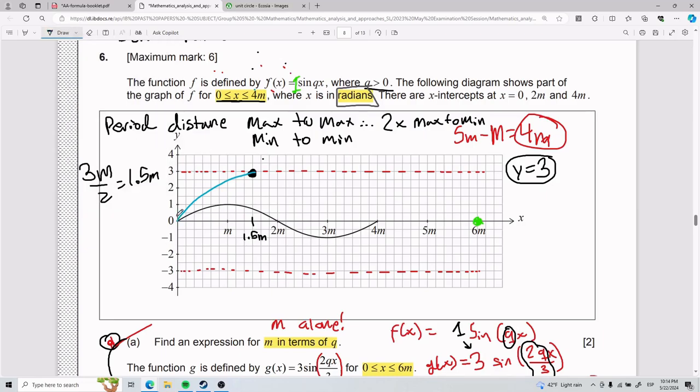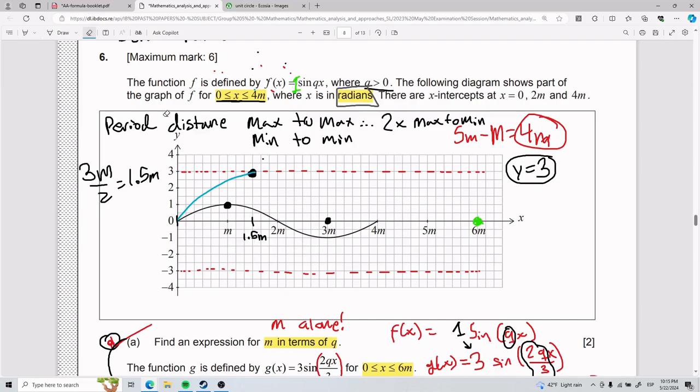In the original one, the black line, from 0 to m you first reach the maximum, and then you add another m to reach the x-axis. So if you take this 1.5m and add that distance again, you end up at 3m. And so at 3m, you need to have one of your x-intercepts.